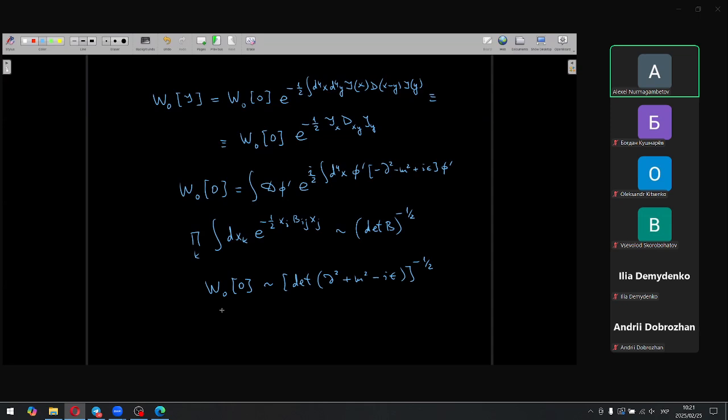So then, with the explicit expression for W0 depending on the external source, we can compute the 2-point correlation function.